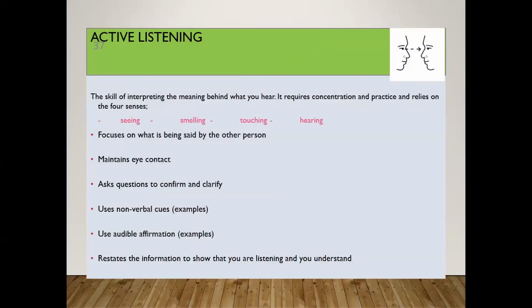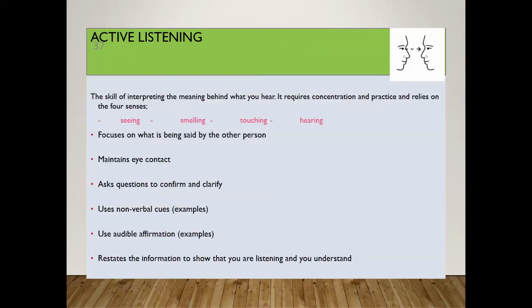And it requires concentration and practice and relies on 4 of our senses. So the seeing, the smelling, the touching, and the hearing. So active listening is very important because you want to ensure that you're giving the customer the type of attention that you should so that you can deal with their situation.